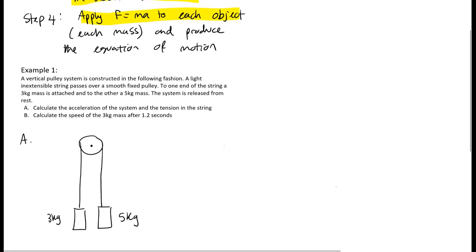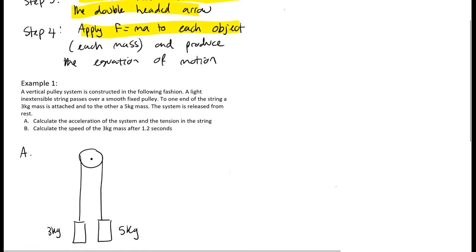So part A, there's the pulley. On one side we have the 3 kg mass, and on the other side we have the 5 kg mass. That would be step 1, just drawing the picture. Step 2 would be to label all of the forces acting on each weight.